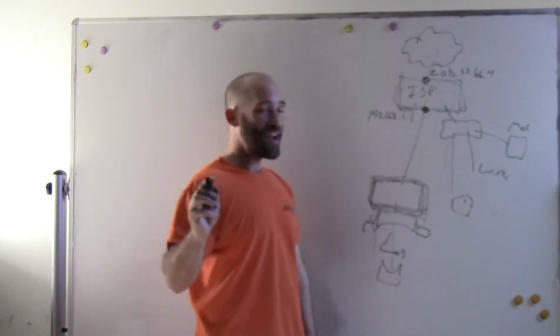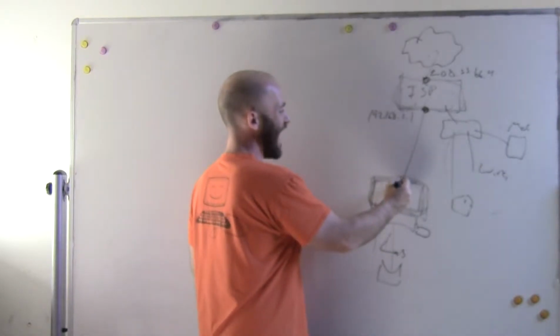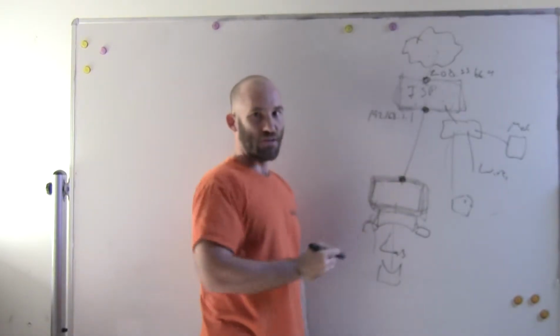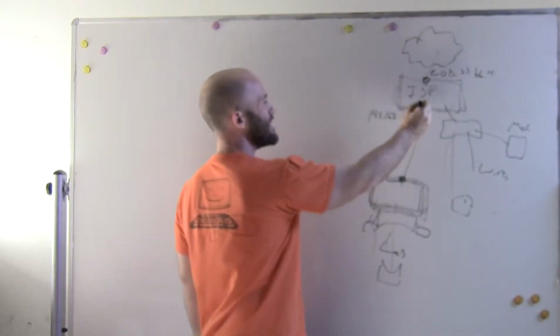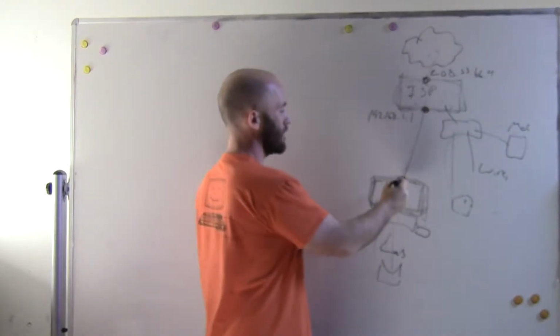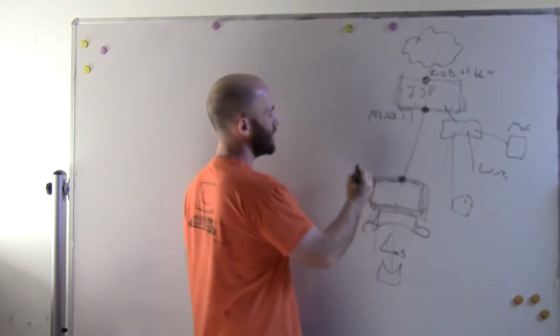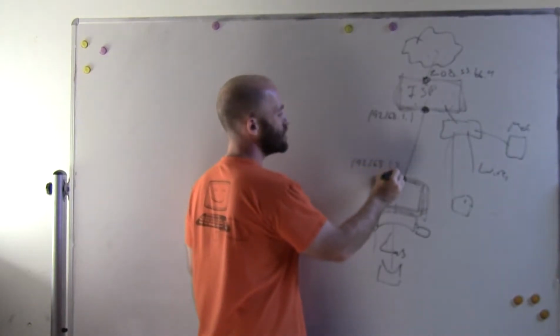Well, what's very important then is when you connect this router, the external port for your lab network router has to be on the same network as the internal port for your ISP router. So the external IP address here would be something like 192.168.1.2.